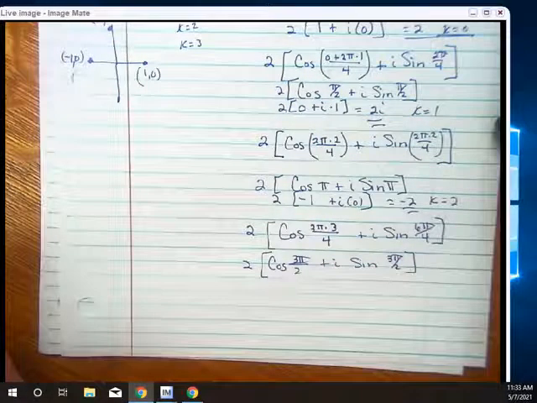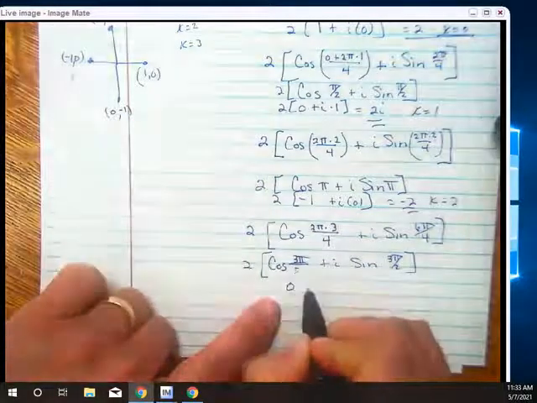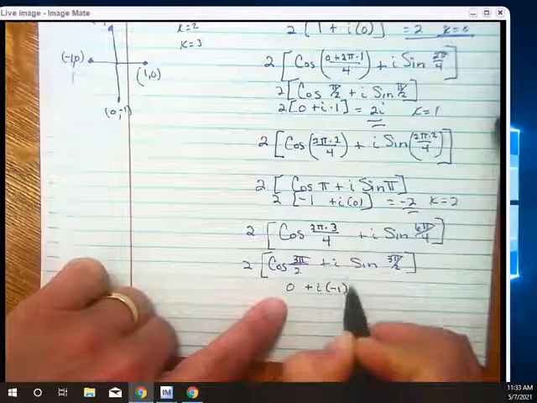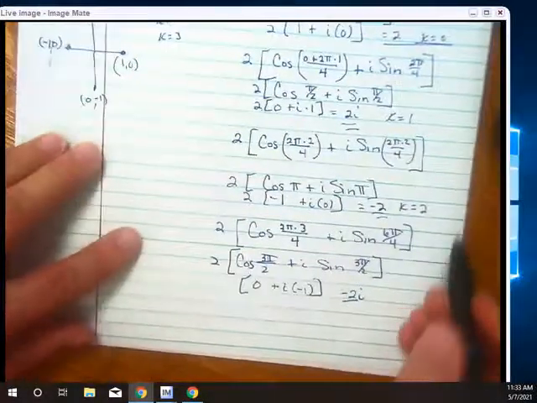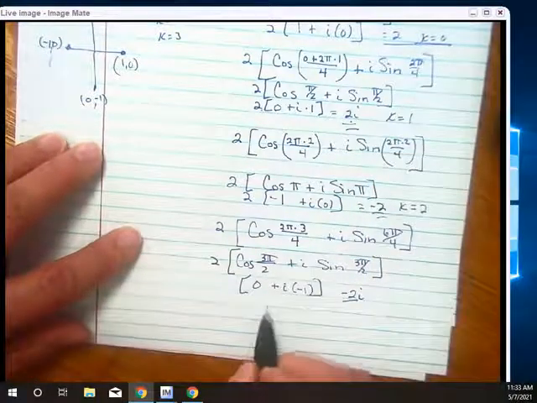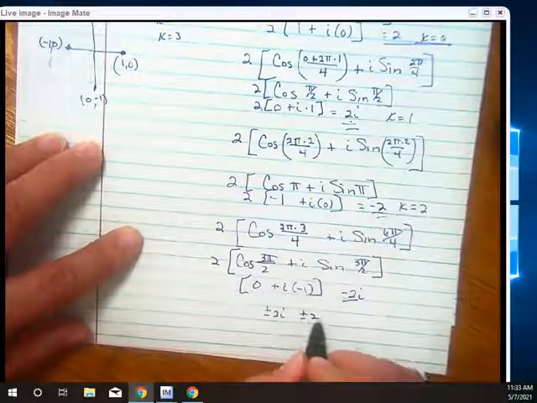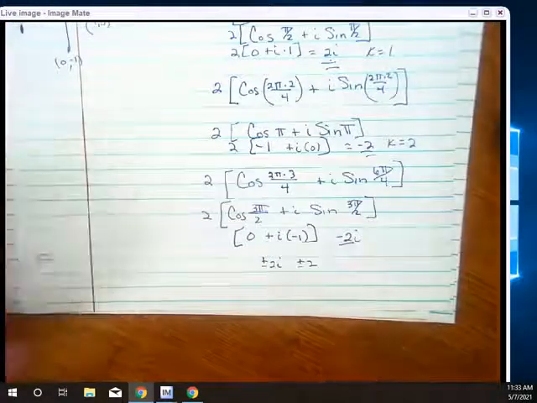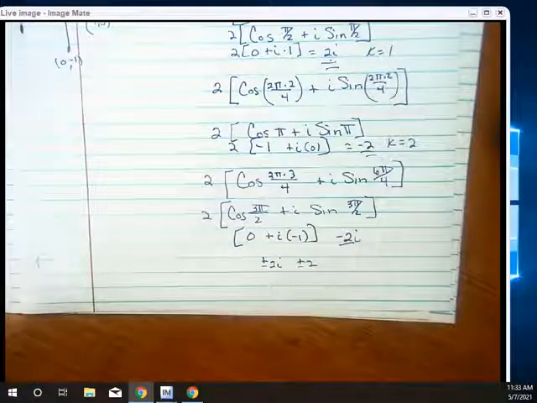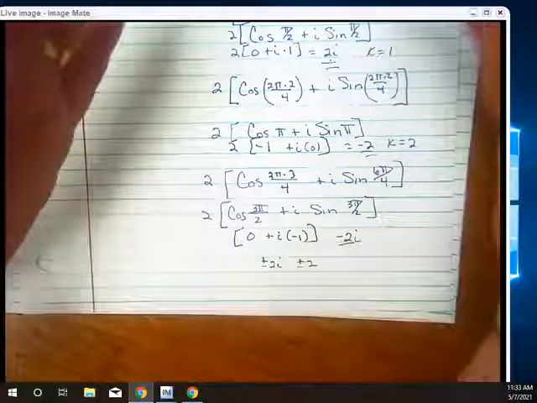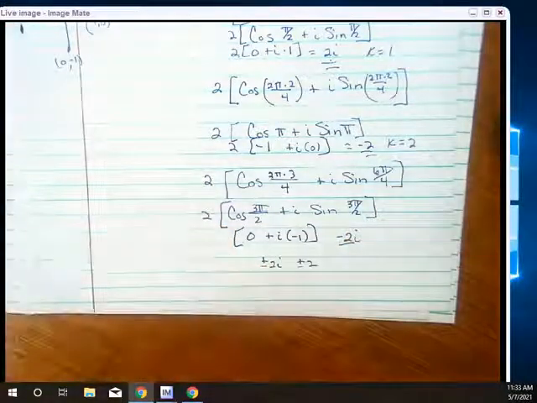So this is 0, -1. This is 0 plus i times -1. Distribute your 2, -2i. So now my answers are 2i and -2i, 2 and -2. There are 4 answers, both real and imaginary. You can check those with algebra, but they want you to do them in the trig form because we're going to do polar coordinates later on.